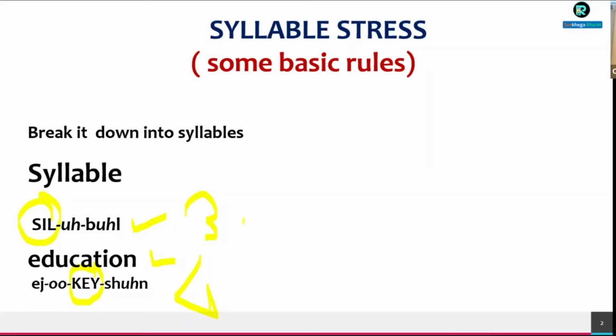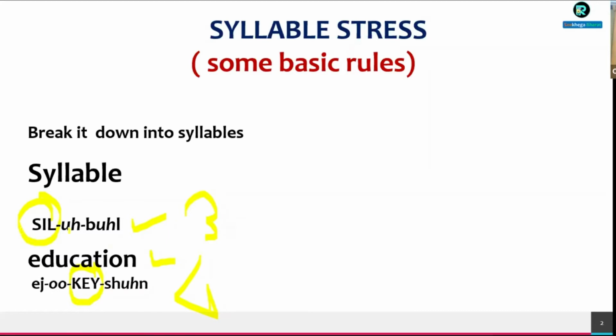When there is only one syllable, no stress. But when there are two syllables or more than two syllables, one syllable has to be highlighted. This is the rule. And if there are so many syllables, maybe two stresses. But at least one stress will always be there.